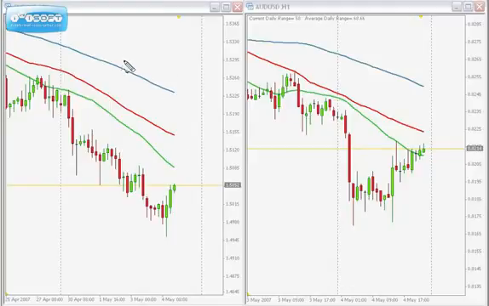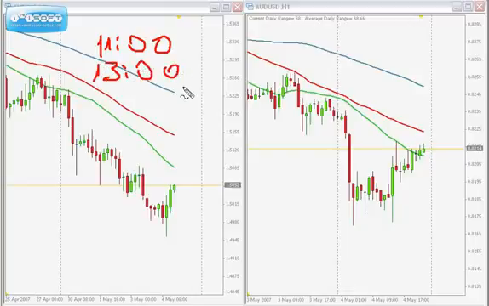The way I personally trade is to impose myself a blockout period for 2 hours prior to the news. So if it's at 1 p.m., from 11 a.m. to 1 p.m. I impose myself to not take any trade.